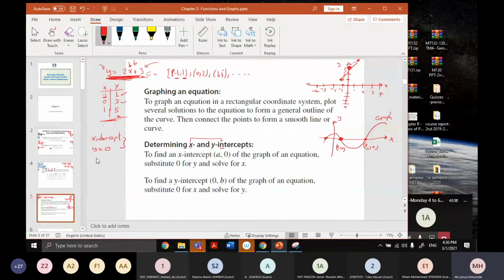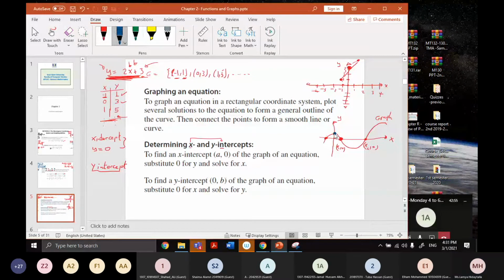Clear? The other one is the y-intercept. What is the y-intercept? That means where your graph meets the y-axis. Where does my graph meet the y-axis?